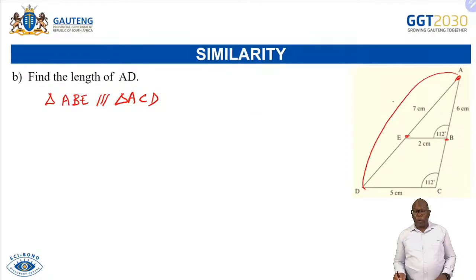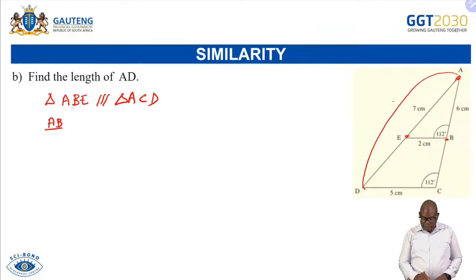I can make a ratio here. AB over AC is equal to AE over AD.